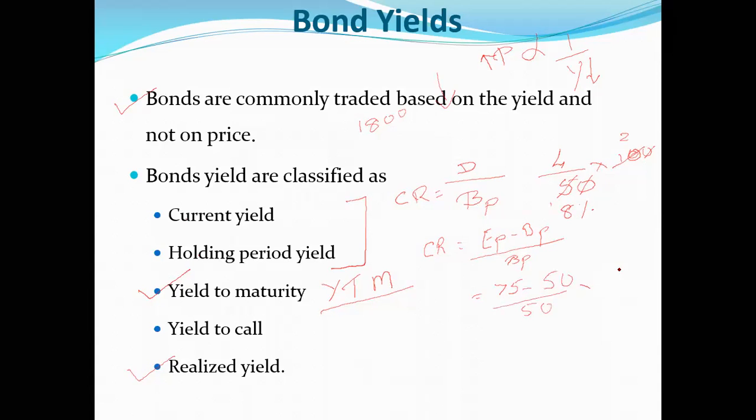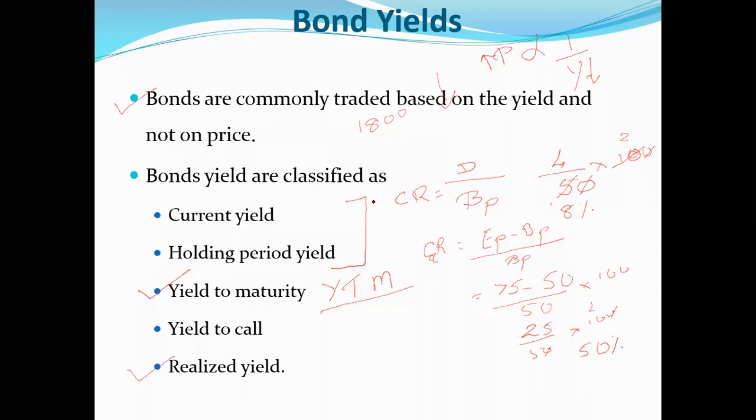Can you please tell me what is my capital return? It is going to be 25 divided by 50 into 100, so my return is 50%. So my current return is 8% and my capital return is 50%. Are you able to understand this?